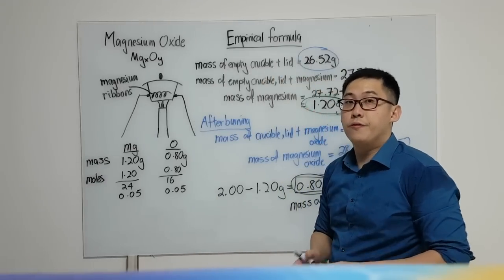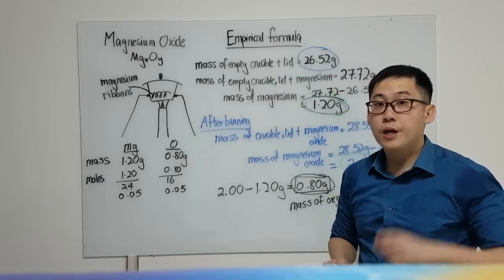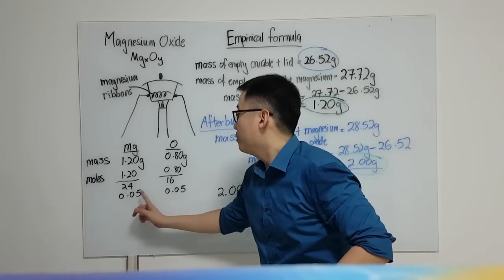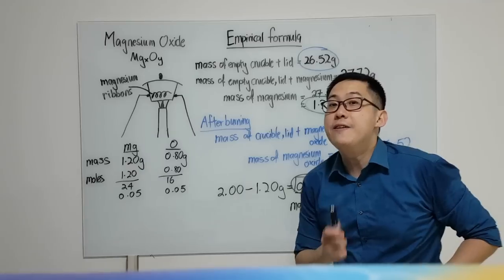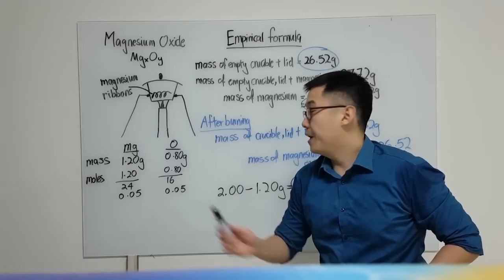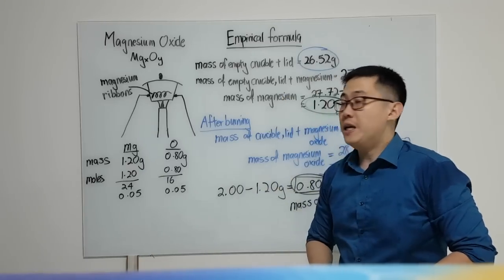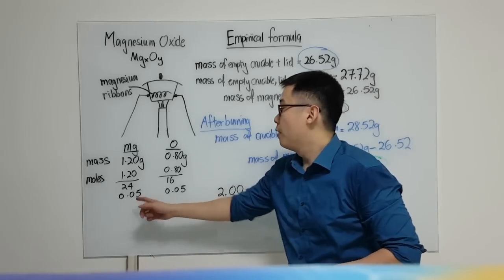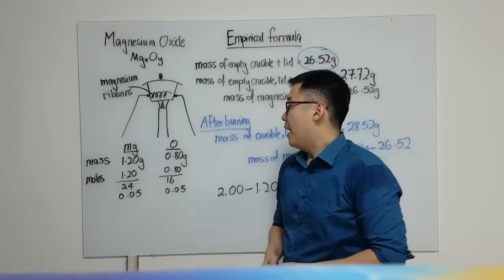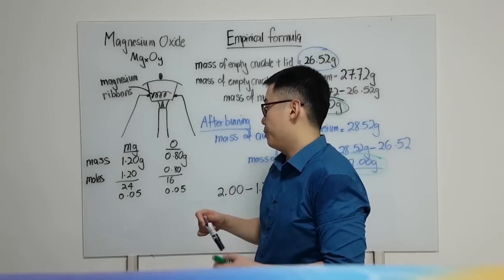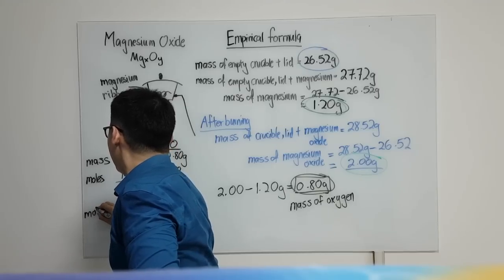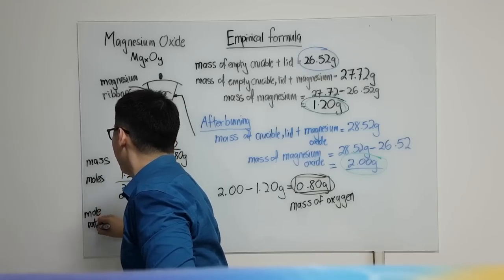In order for me to obtain the mole ratio, what I will do is I'll take these two numbers and divide by the smaller of them. In this case, it happens that since both of them are the same, I'll divide both by 0.05. And after I divide them by 0.05, I would then be able to get the mole ratio.